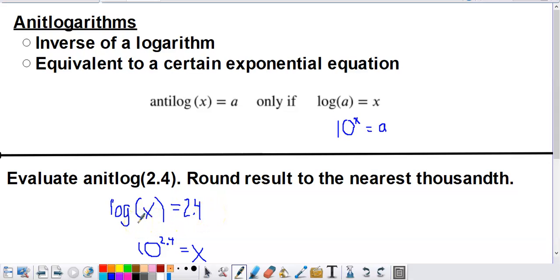This is a common logarithm. So if I take my base of 10, I raise that base to the power that's over here, that's going to give me an answer equivalent to the input to the logarithm, which is denoted by the x. So 10 to the 2.4 power is going to be the antilog of 2.4 through the definition and the sequence we just went through.